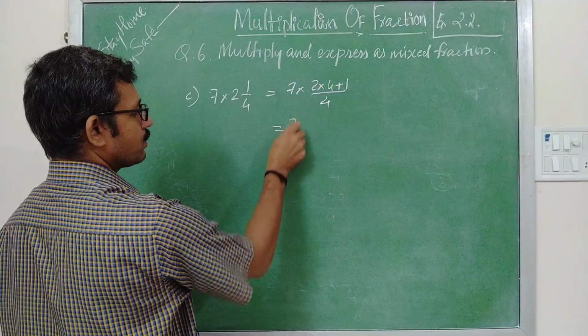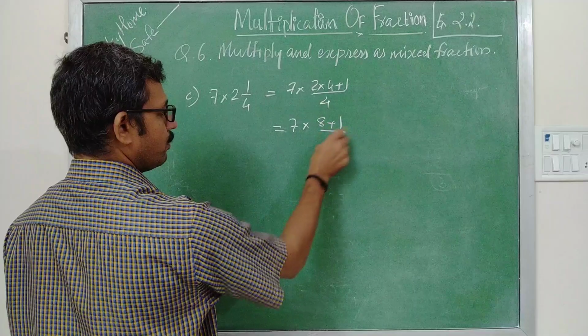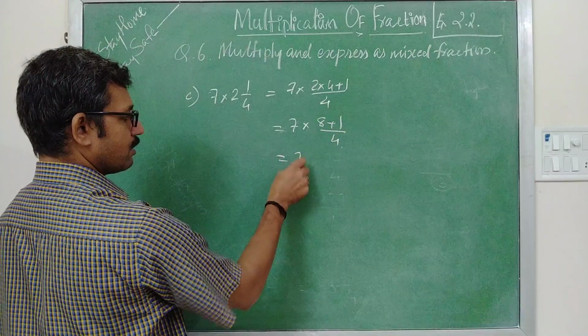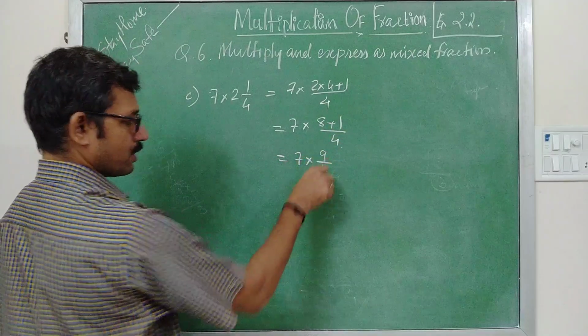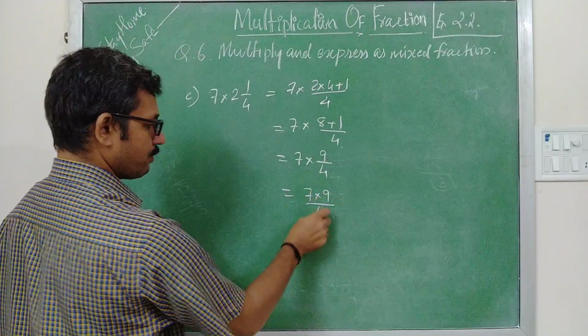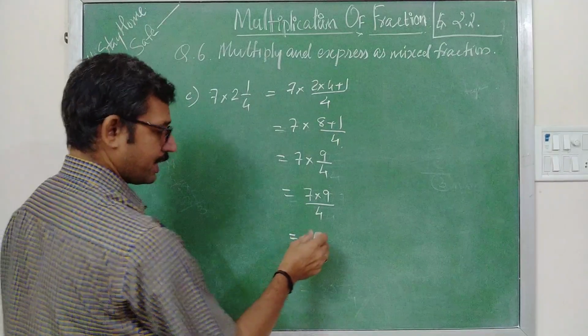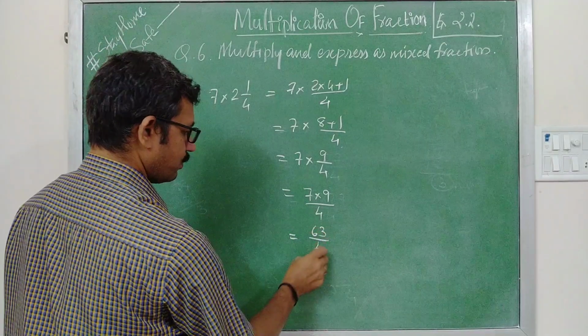So it is 7 into 8 plus 1 upon 4, which is 7 into 9 upon 4. We are multiplying with the numerator. 7 nines are 63 upon 4.